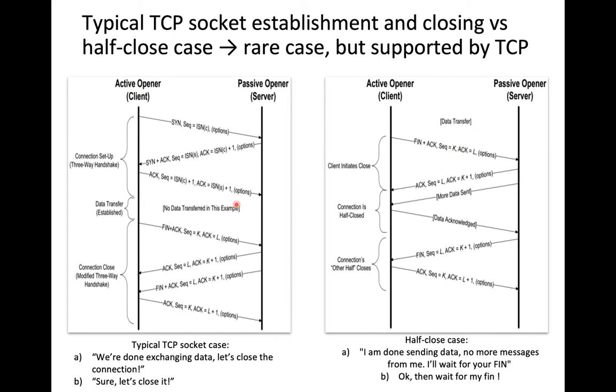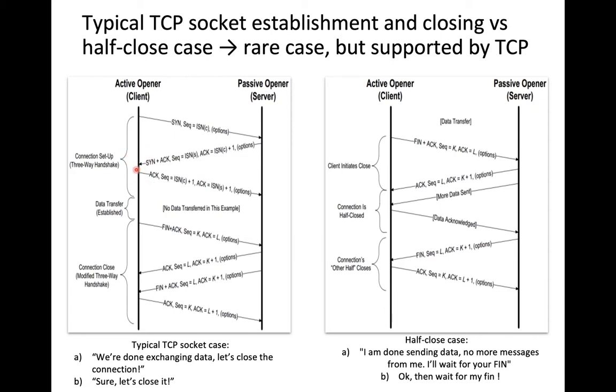So here is the comparison between typical TCP and half-closed TCP. What happens in typical TCP? Every TCP connection starts with the three-way handshake. Firstly, the client sends a synchronization packet. Once the server receives it, it accepts the SYN and sends an acknowledgement.